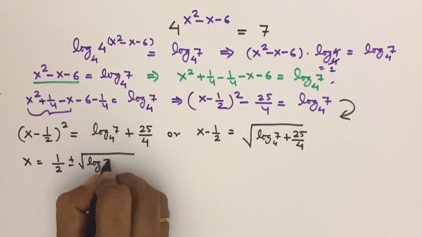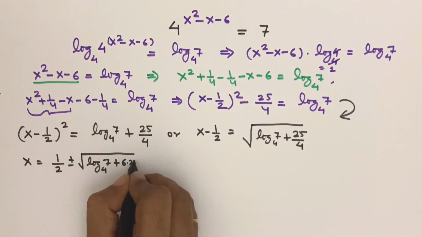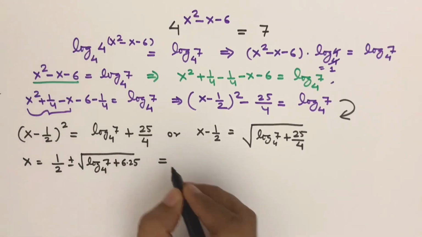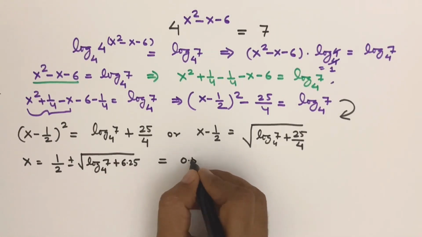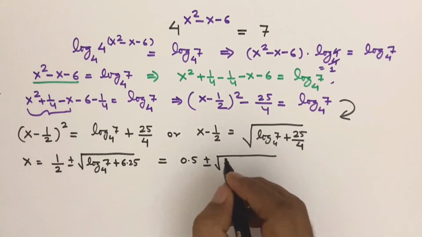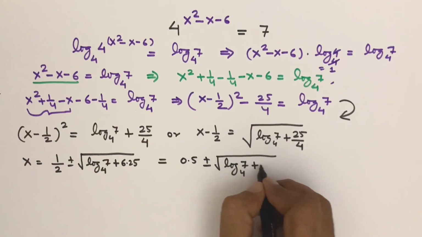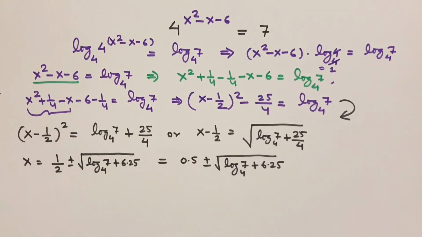log 7 base 4 plus, this is 6.25, which equals 0.5 plus or minus square root of log 7 base 4 plus 6.25.